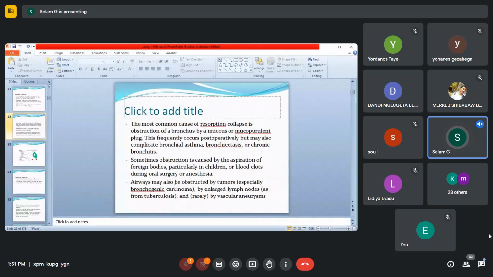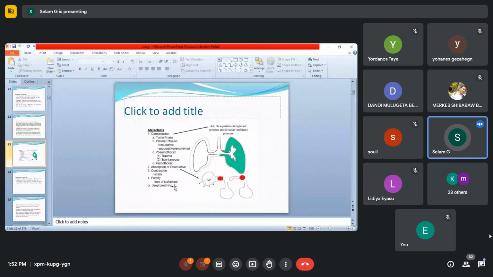Airways may also be obstructed by tumors, especially tumors occurring in the bronchus, which we call bronchogenic carcinomas, or by enlarged lymph nodes. For example, if a patient has tuberculosis or sarcoidosis, an enlarged lymph node may compress the bronchus, and rarely vascular aneurysms, all may obstruct the airway and bring about atelectasis.